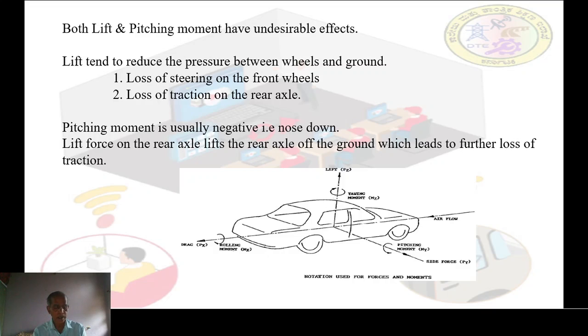Capital Mx is the rolling moment about the longitudinal axis caused by the force Py. My is equal to the pitching moment about the lateral axis caused by force Pz. And last, Mz is equal to the yawing moment about the vertical axis caused by the force Py. These are all clearly shown in the figure.